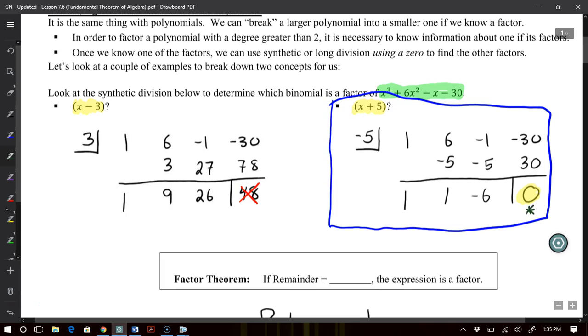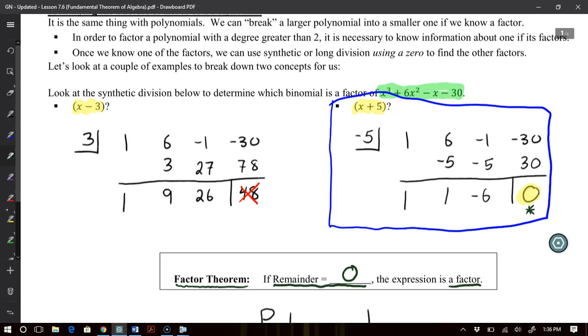That tells us if it is a factor. And that's what the factor theorem lets us know. The factor theorem states that if you get a remainder of 0 when performing division, the expression you divide it by is a factor. So a remainder of 0 is a good thing, just like it was for numbers. It tells you you have a factor. And so that's our goal whenever we're doing division, is we want that.